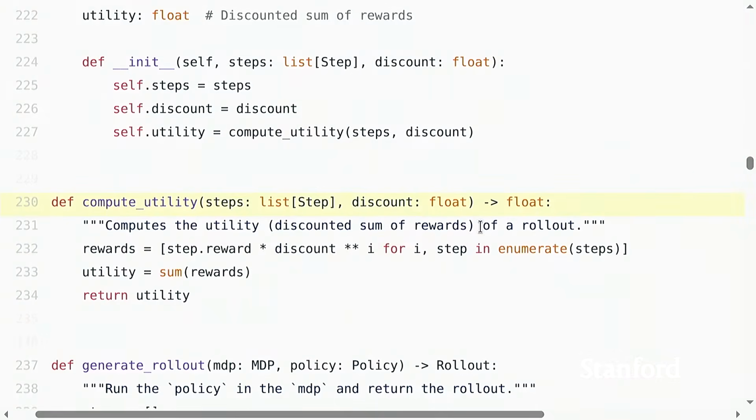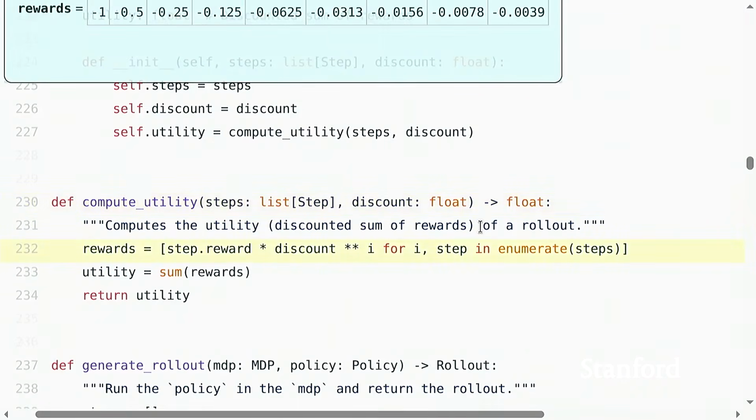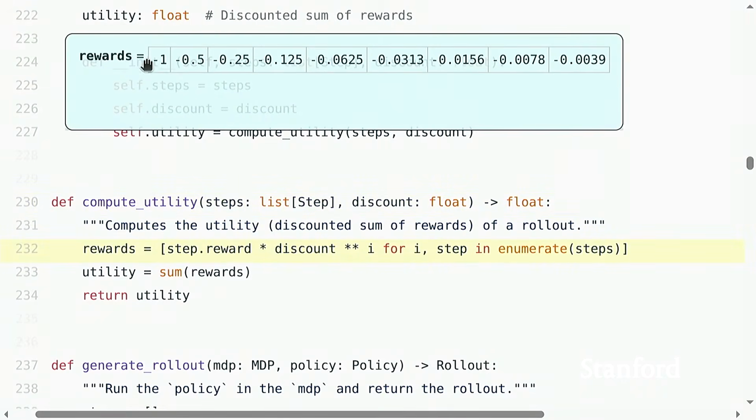Okay, so if you compute the utility with a discount of 0.5, you'll see that every subsequent step I hit the reward with 0.5. Okay, so even though this used to be a reward of -1, this has been kind of really squashed to something quite small.